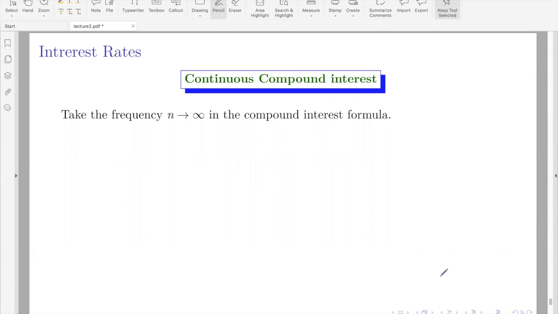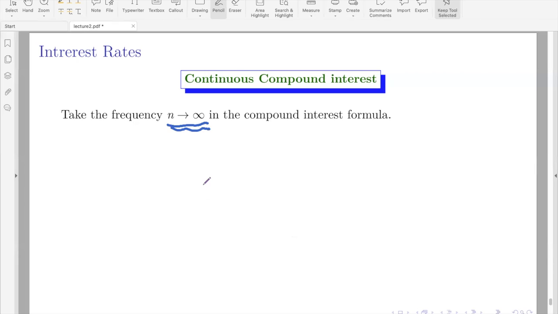The compound interest we have discussed so far has discrete payout time. That is to say that the frequency is finite. One can imagine the frequency, that is n, to tend to infinity. This is often used in theoretical situations, and in such a case the compound interest scheme is called a continuous compound scheme.